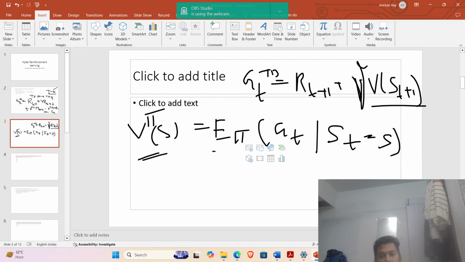The expectation is over the policy till the end, even up to capital T, which is a lot of steps, till we get close to the finish of the actions required to be taken by the policy. We can approximately say it is the value function at state S_{t+1}. Any doubt up to this point?